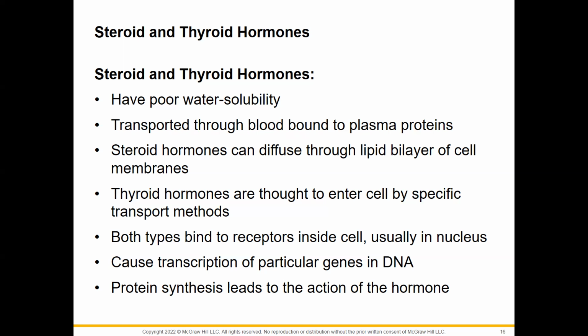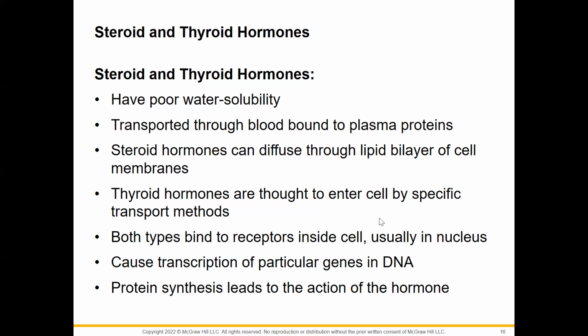So remember, it is communicating with the cell. It is telling the cell to do something or to stop doing something. And in these cases, it is causing transcription of some part of the DNA inside that cell. Remember that the receptors are in the nucleus, and the nucleus is what houses your DNA.